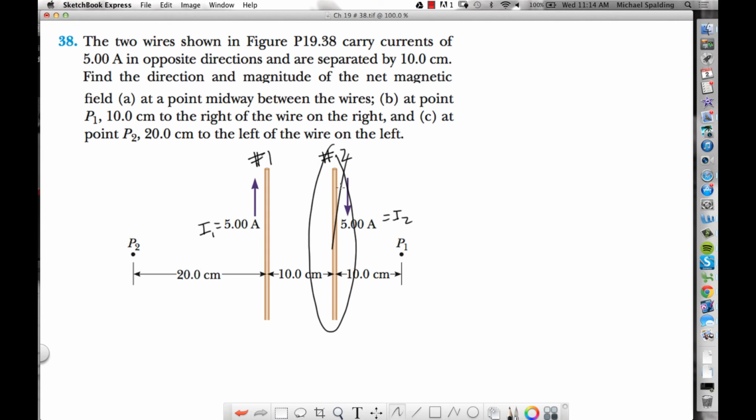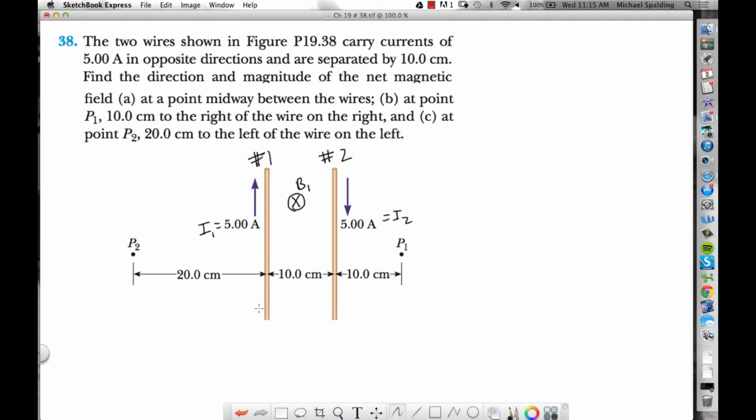It's in. Now how did I figure that out? Right-hand rule number 2, right? Put your forefingers in the direction of the current. What are my forefingers doing at the midpoint? Going in, okay? And I labeled it B1 for magnetic field 1, from wire 1.